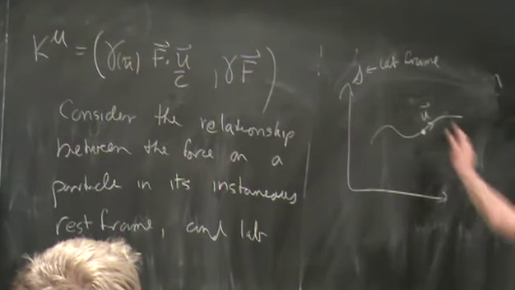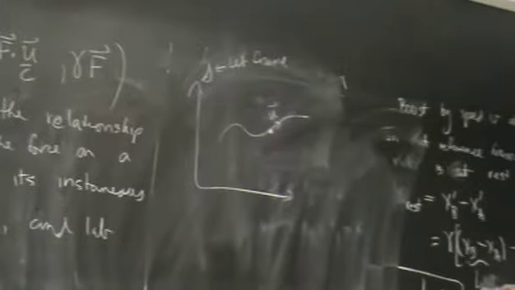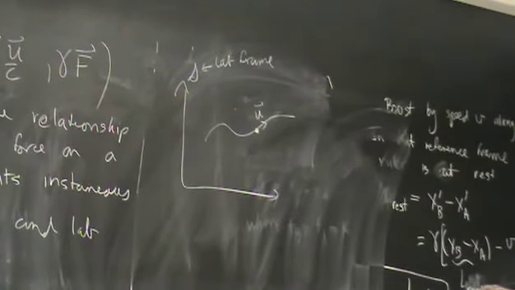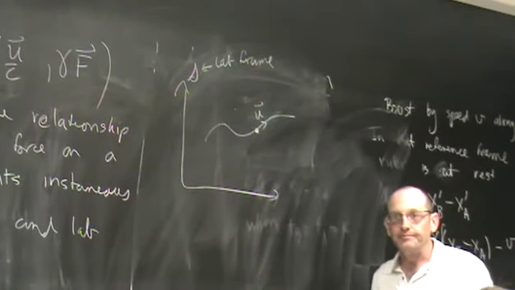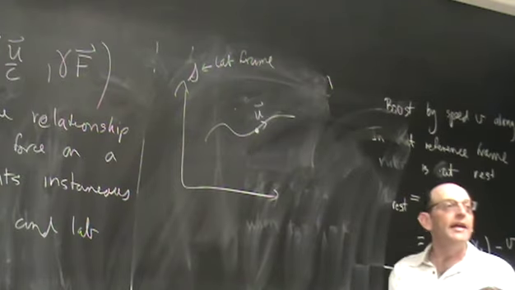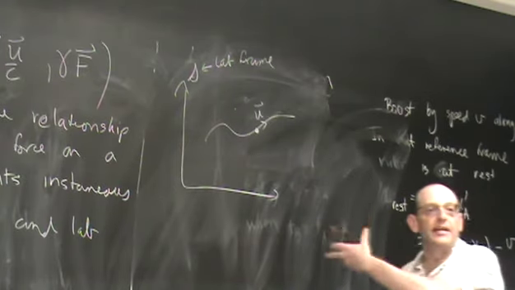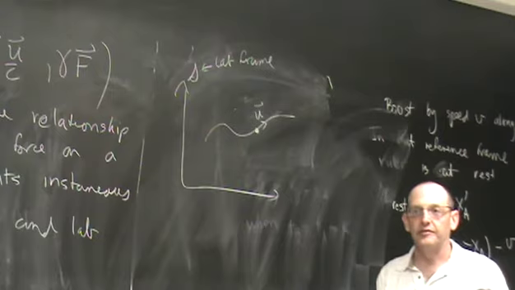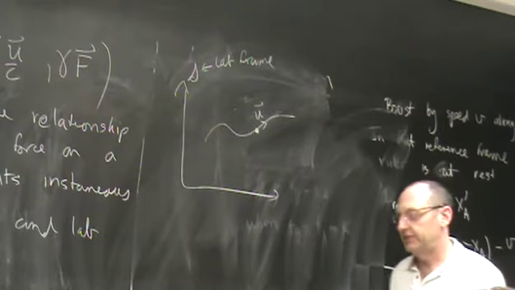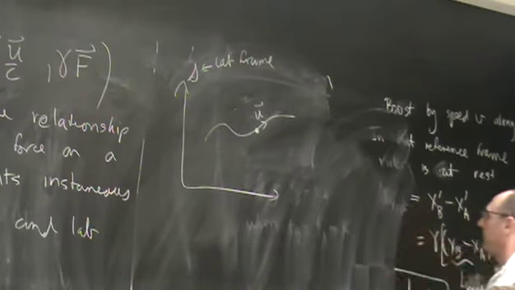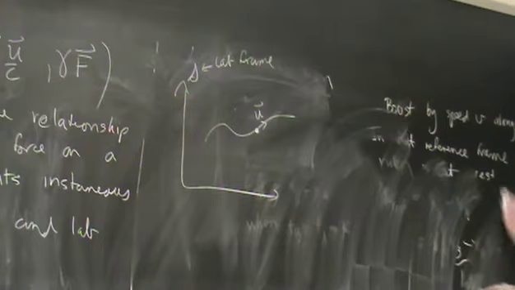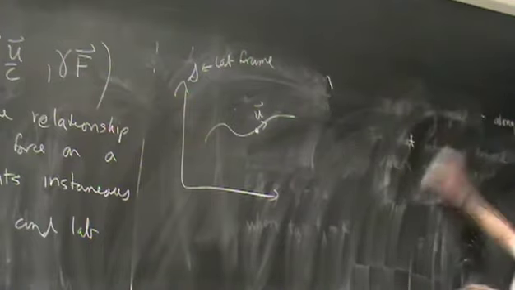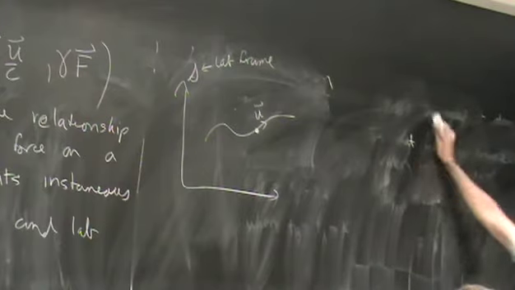And there is a force that we know is being exerted on this particle, and we want to relate that to the force seen by the particle in its own reference frame, sitting on the spaceship that's trucking along with the particle. So let's quickly do that.